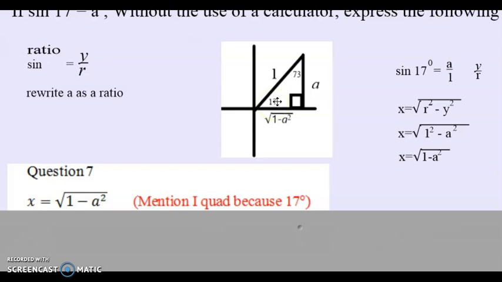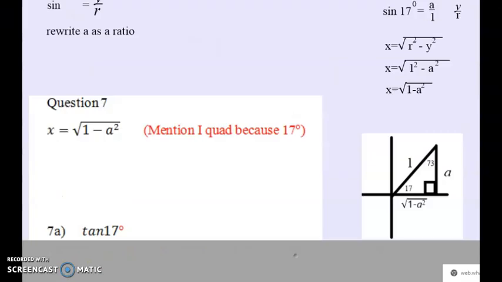Now it is likewise important to list the other angle also, just in case they ask you a question with regard to the complementary angle, which will be 73. So we put in our values, and it does not matter what they ask me, I will be able to comfortably answer these questions.